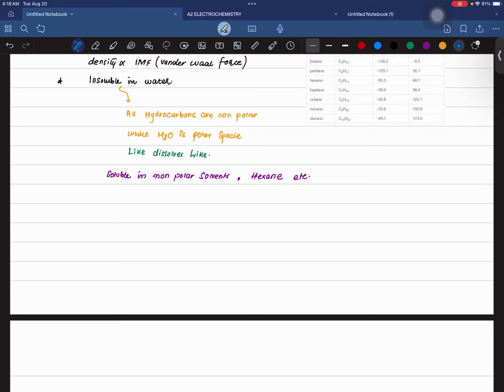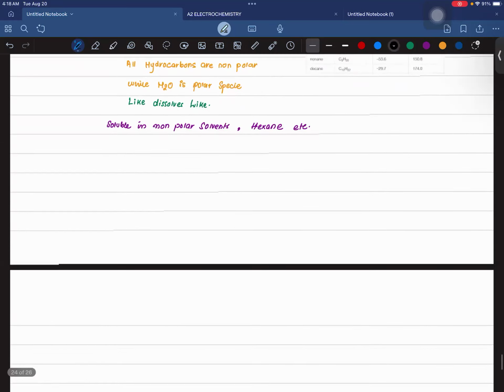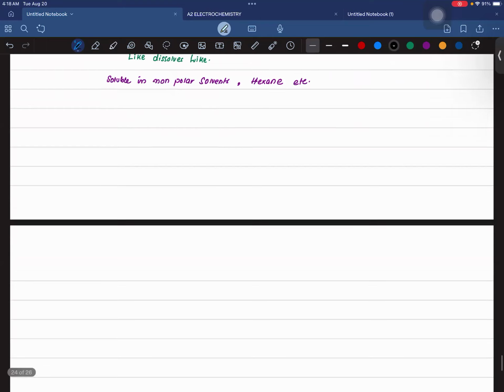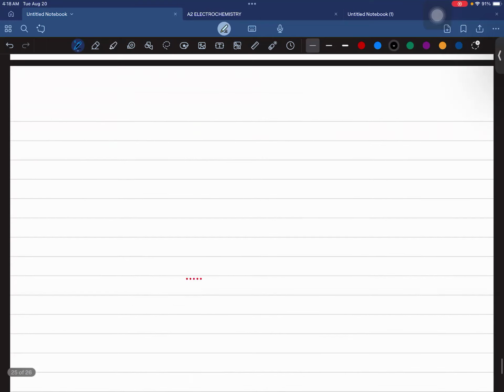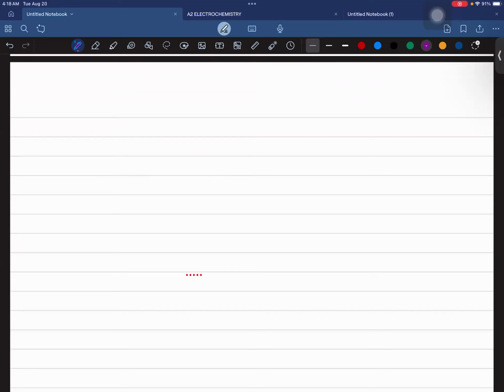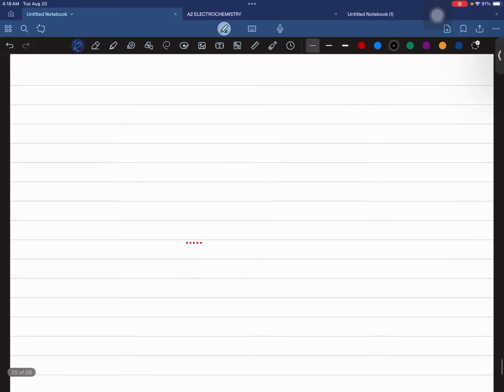Those compounds which are insoluble in water, as you know that water is a polar substance, will be completely soluble in a non-polar solvent ultimately. So these are the physical properties of hydrocarbons or alkanes. Then we have chemical properties.